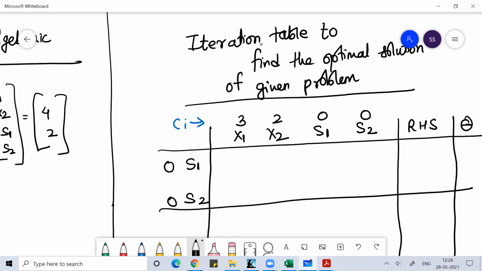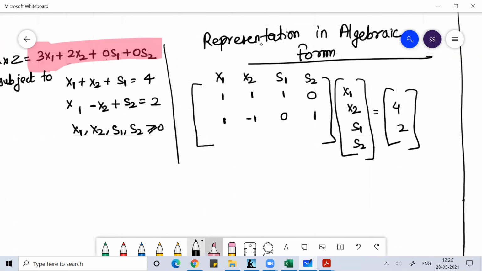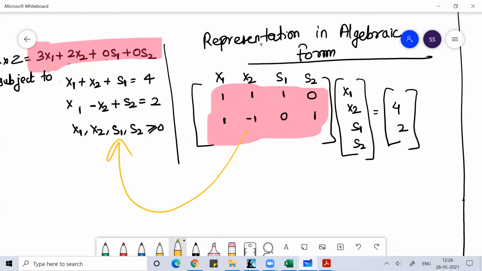Now inside the first iteration table, you'll write the same coefficient values. How did you get this? You can see the coefficients from here. This is 1, this is 1, this is 1, this is 1, this is -1, this is 1.